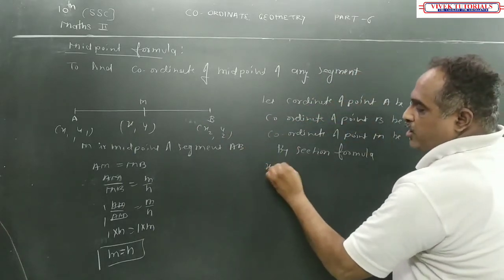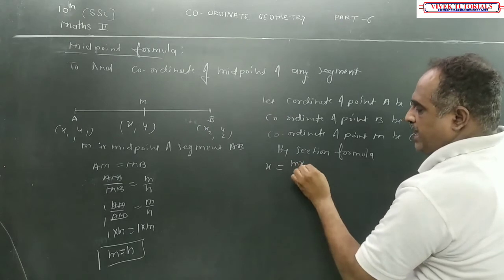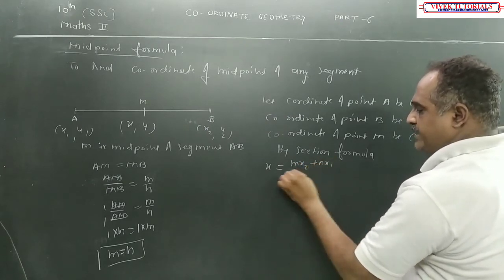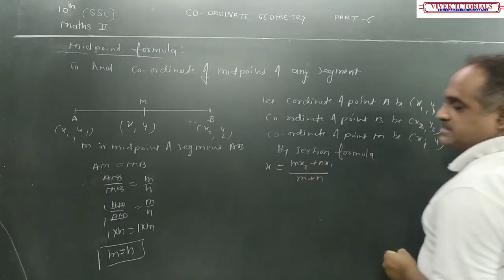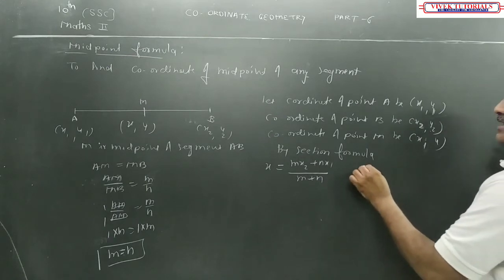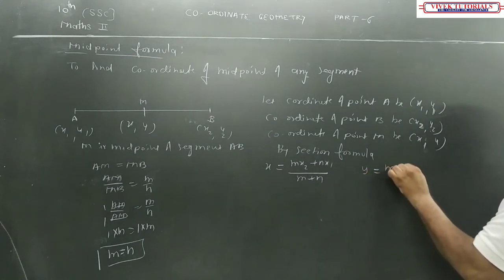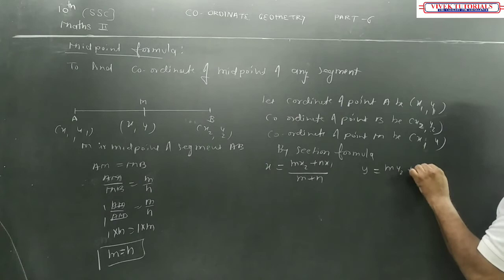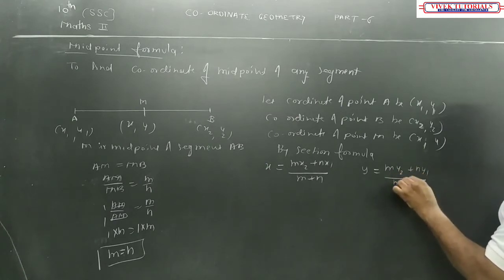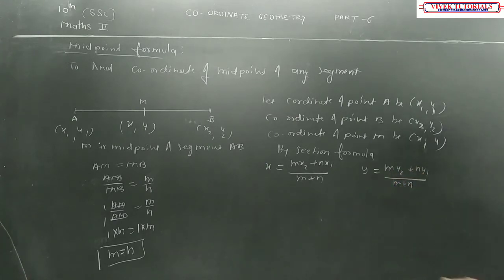So what is the value of x? We know that mx2 plus nx1 upon m plus n, and here y is equal to my2 plus ny1 upon m plus n.